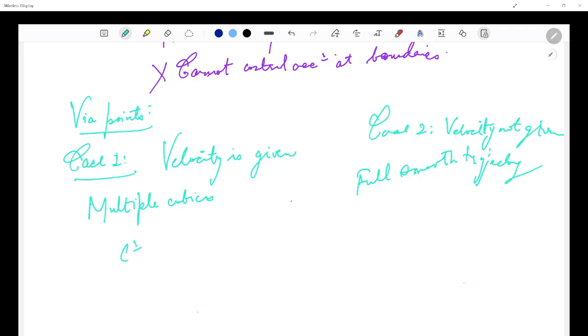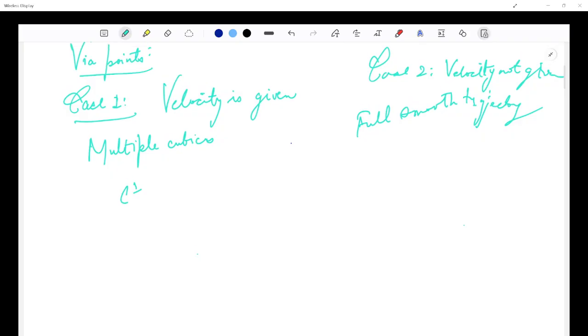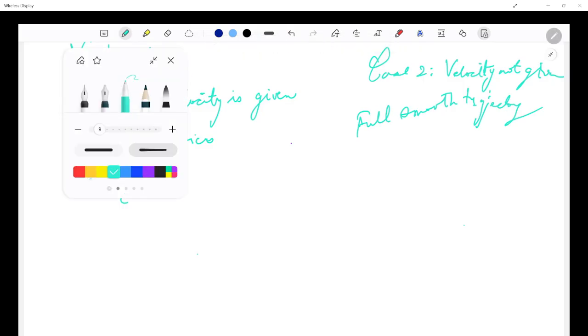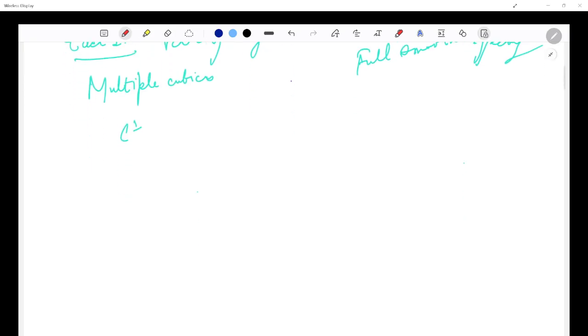Now, if we are supposed to follow a Cartesian trajectory, how are we going to do it? Why Cartesian? Because it is very natural for all of us.